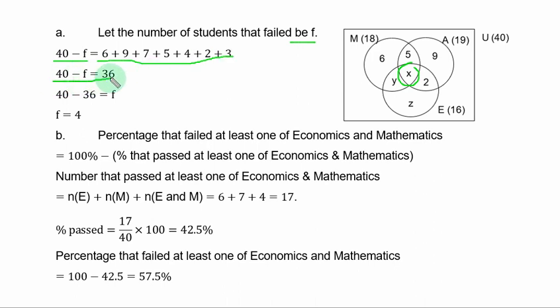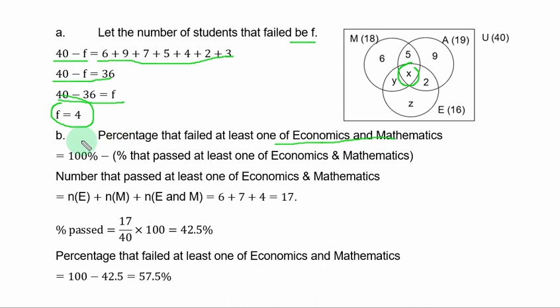That gives this. If you transfer minus F to the right and 36 to the left, you have this result, and F is equal to 4.